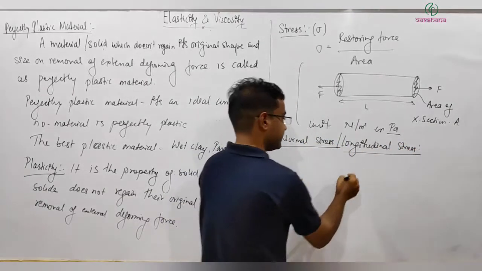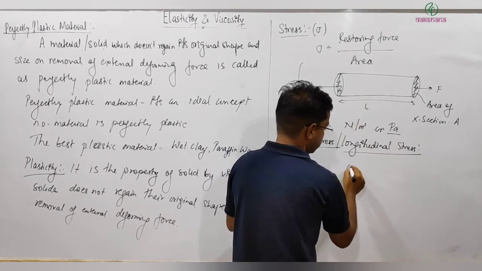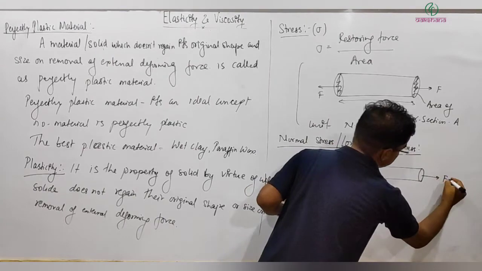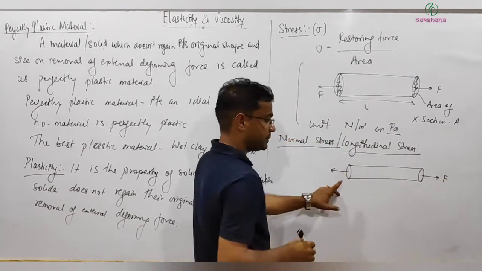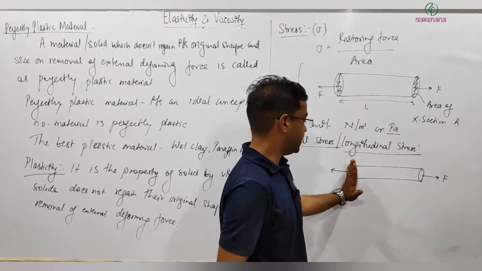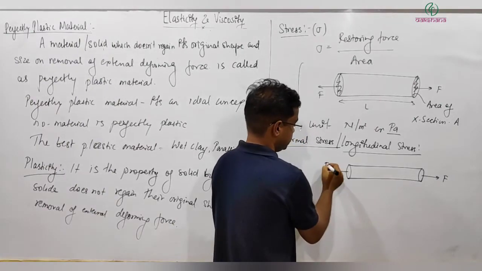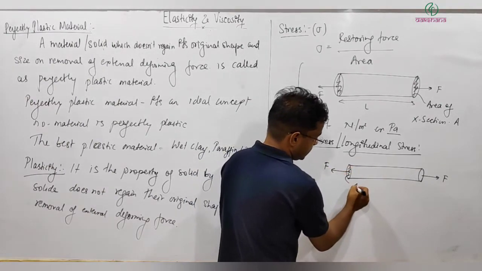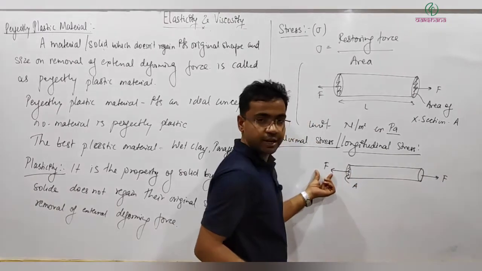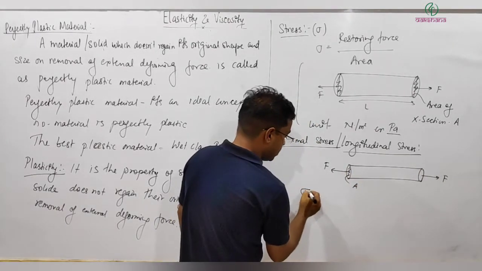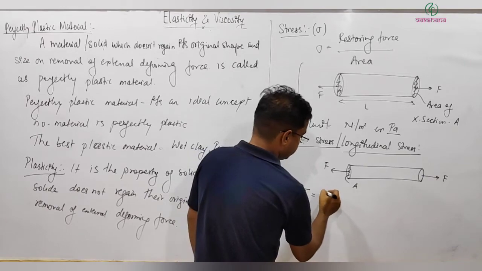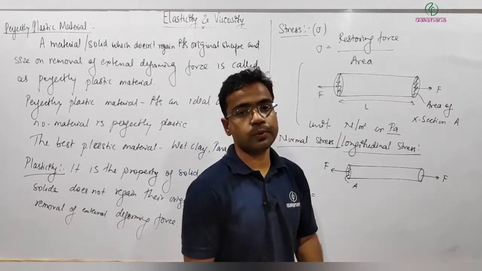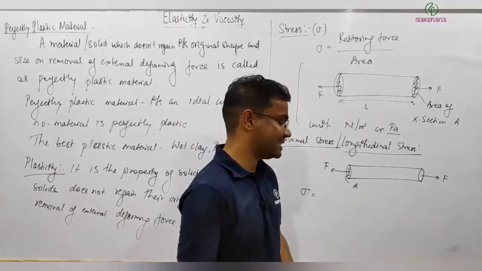So if force F is applied normal to the area of cross section A, then sigma longitudinal, or normal, is given by the definition: restoring force divided by area of cross section.